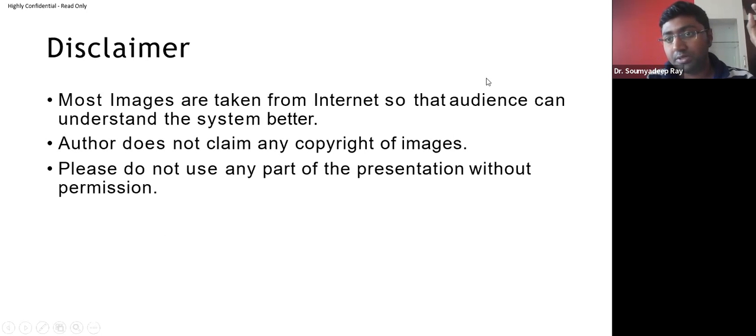Just give me 1 minute. Most of the figures I have taken from the internet. Some of the images are my own. So do not use them without my permission, as that would be a copyright case. That is a request.